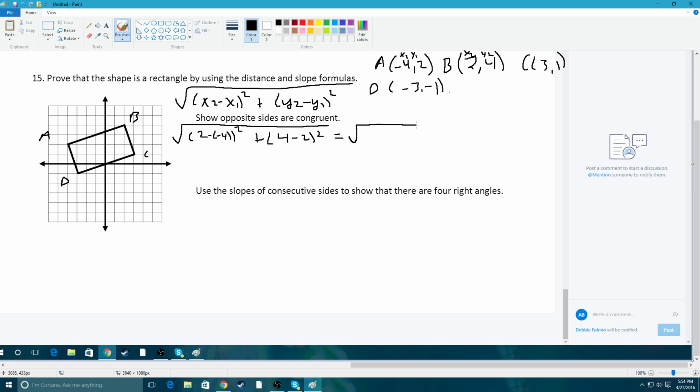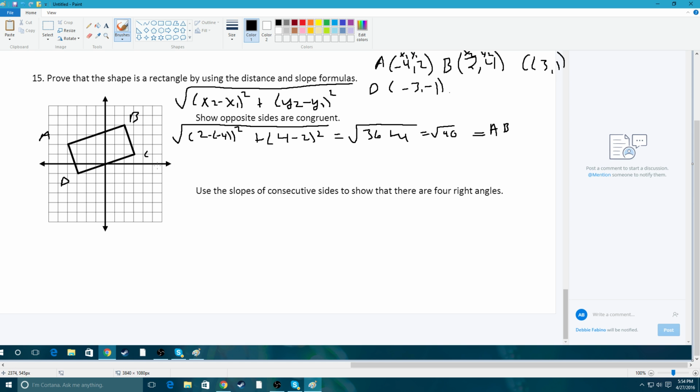And that comes out to 2 minus a negative 4 is 6 squared, so that's 36. 4 minus 2 squared, that's going to be plus 4. So this comes out to root 40. And that's AB.